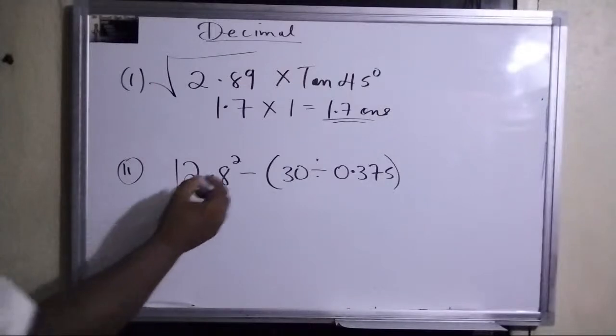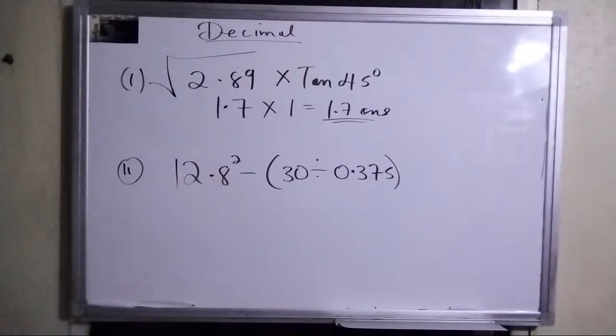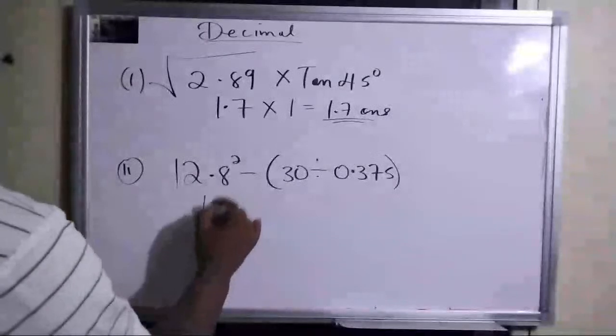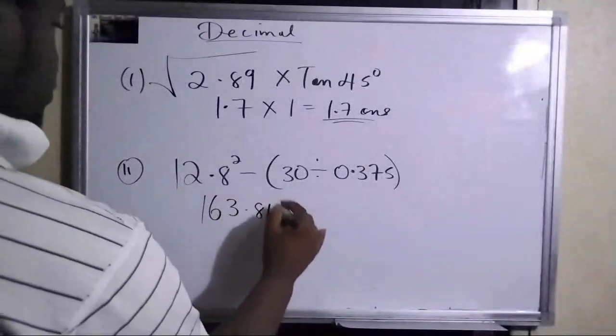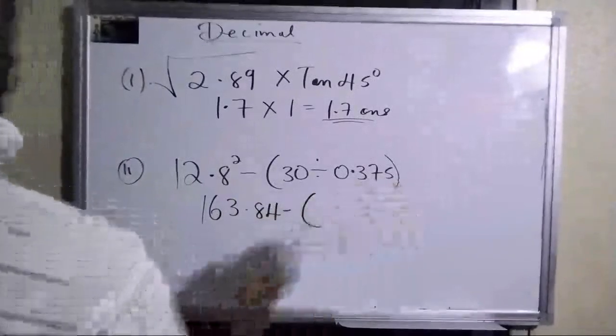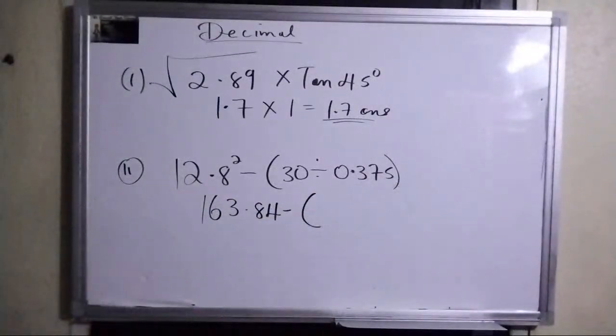This one now, it says 12.8 squared. So you just punch in that and you square it. If you don't know where you square there, punch 12.8 times 12.8. Alright, so for this part, we get 163.84, put the minus, and then work out the bracket.